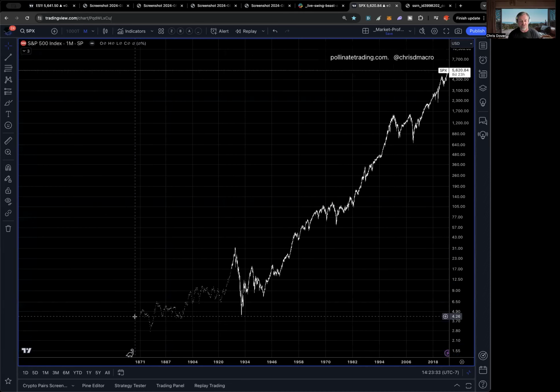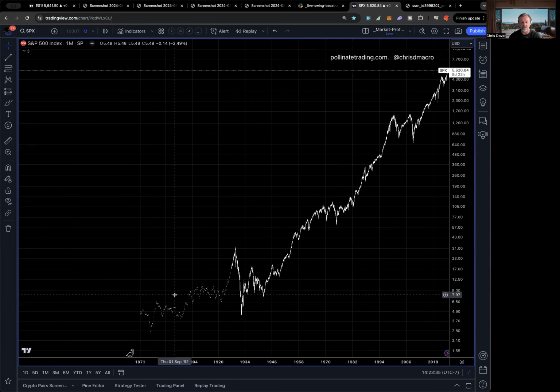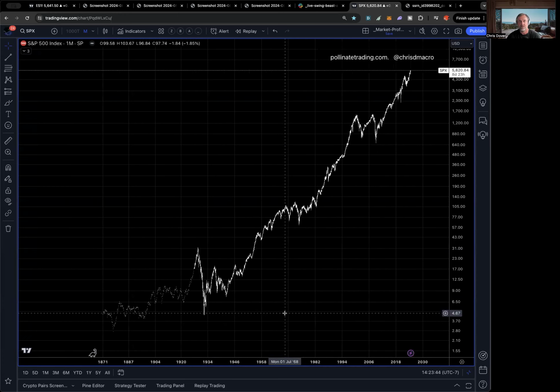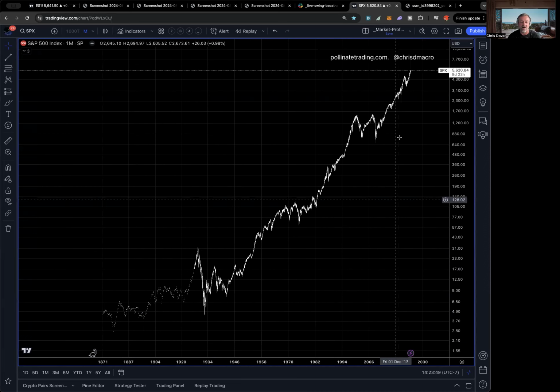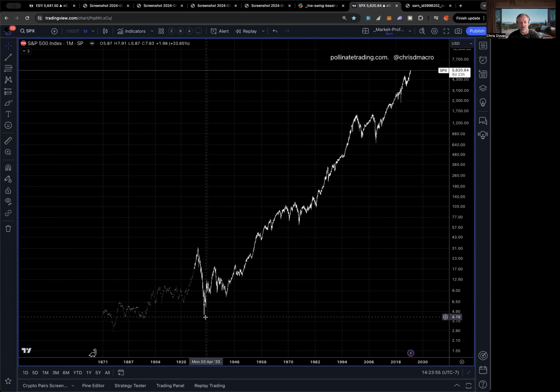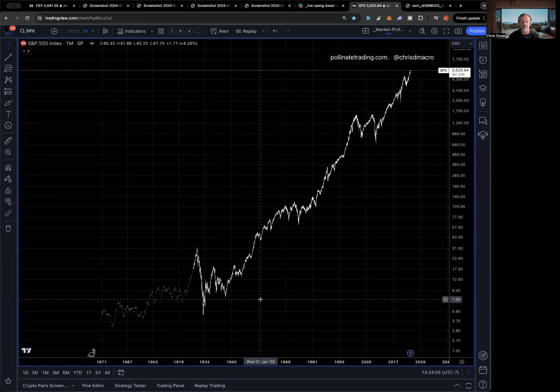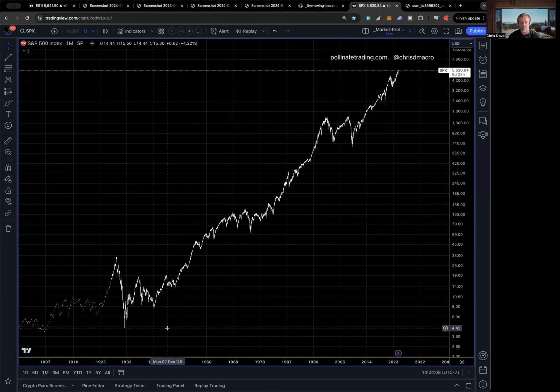So over 150 years of data shows that, yes, since the bottom of the Great Depression in 1932 or so, even with all the dips and turmoil and issues that the stock market has had, it has gone up from a price of $4 to $5,620.